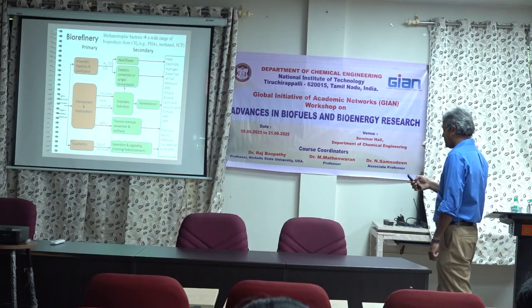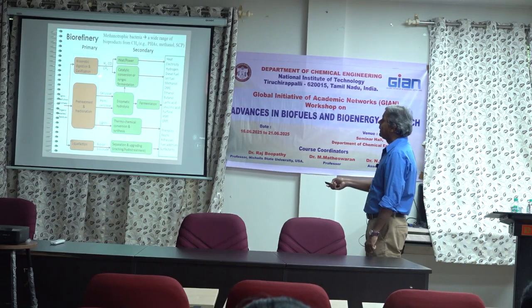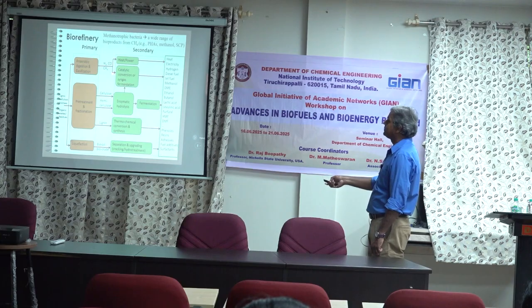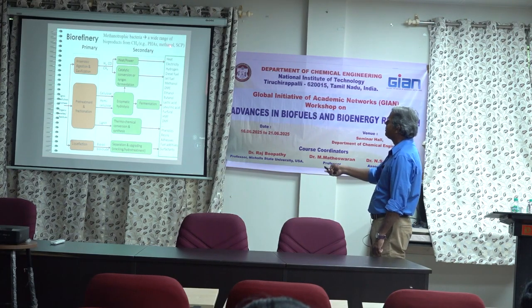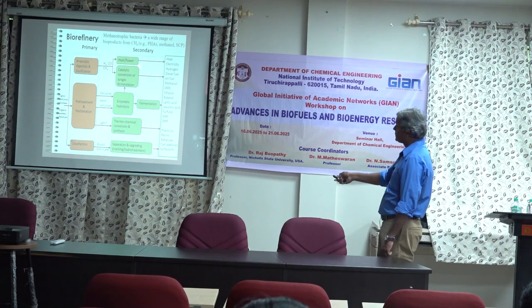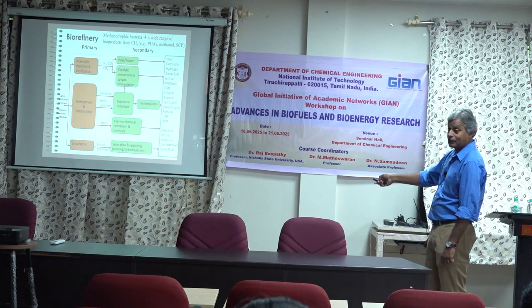Okay, so here is the concept of that. So you have your anaerobic digester. The products of the anaerobic digester are methane, hydrogen and CO2, and you can use that to make a secondary product, and you can also use methanotrophic bacteria to make this product, and also other things that you can make from this product to make heat, electricity, hydrogen, diesel fuel, all that stuff you can do.